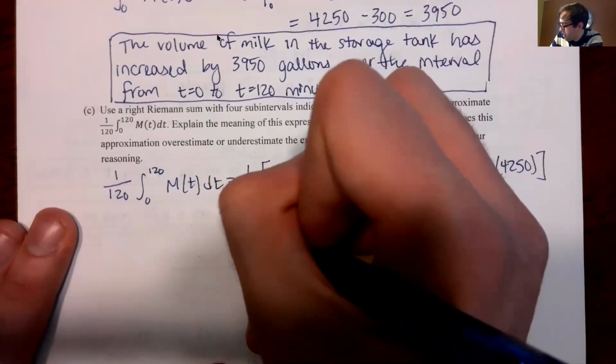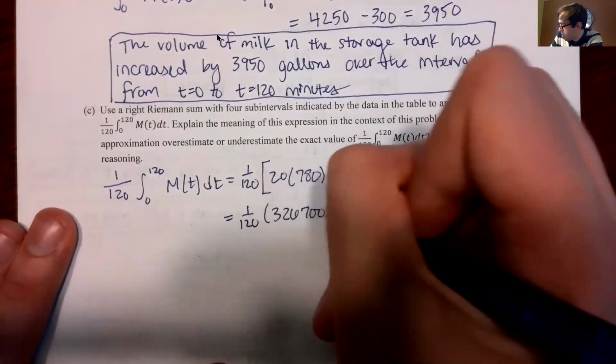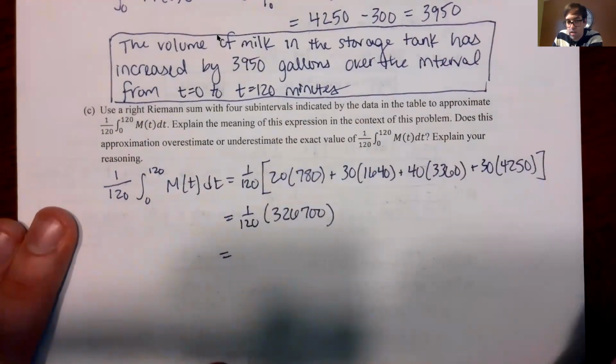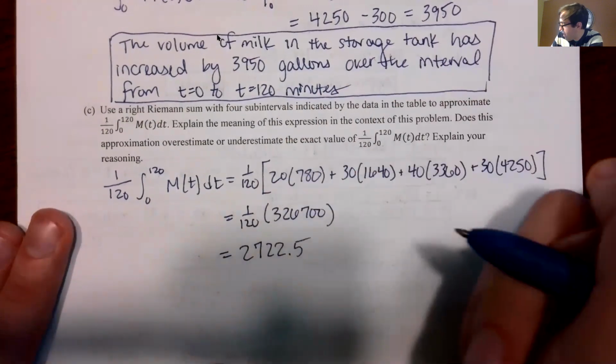And if you multiply that together, you get 326,700, which then multiplies to get you 2722.5.